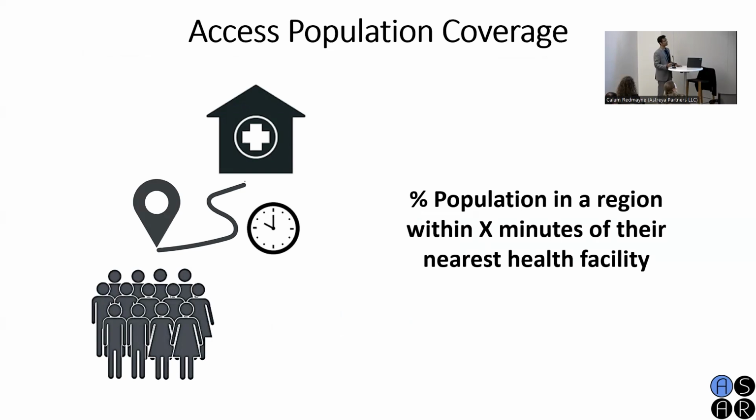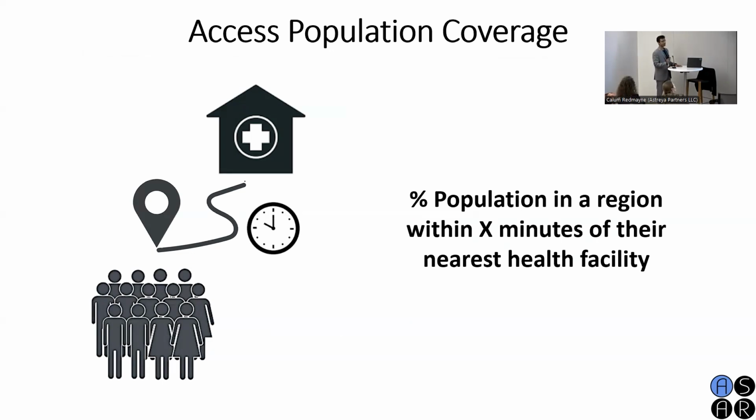So what we did was combine those two things, population and timeliness, and look at something which I'll be calling access population coverage, which is the percentage of people in a region that live within X minutes of their nearest healthcare facility.